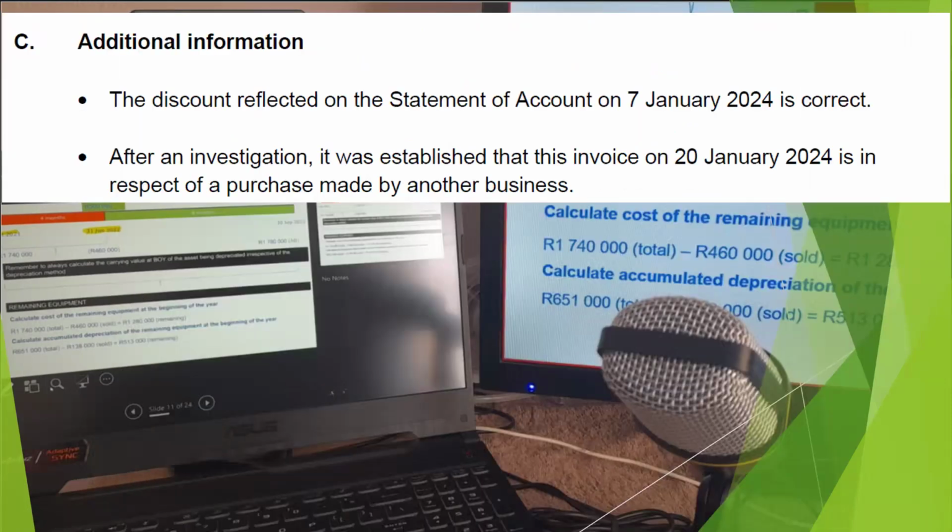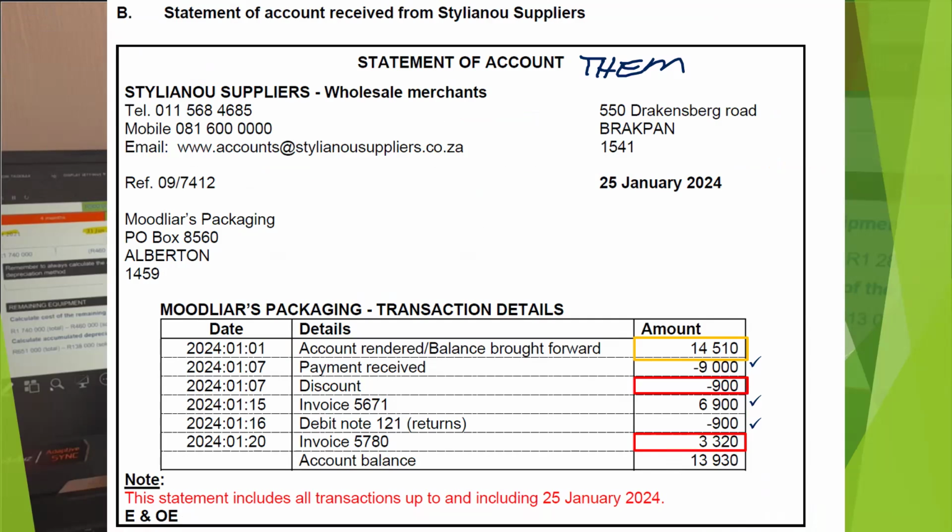They told you under additional information, the discount reflected on the statement on the 7th of January 2024 is correct. Okay, so it's in the statement, meaning that if they're different, this is the statement. It tells you that this one is correct.